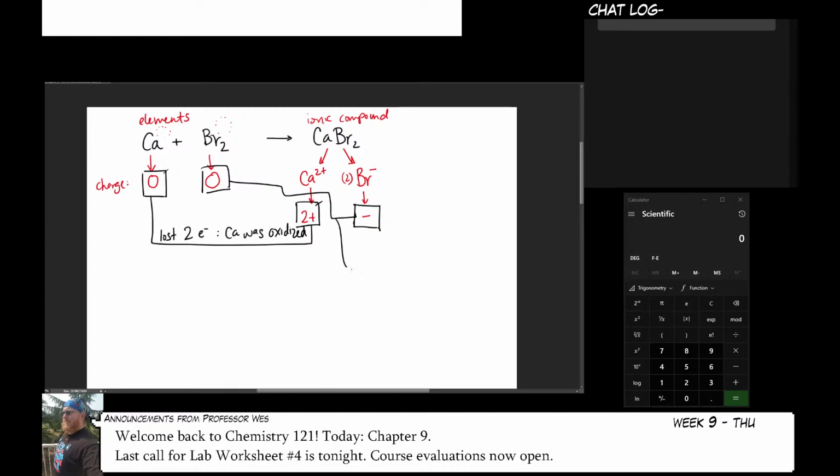What about bromine? It started at charge 0, and it became -1. So each bromine gained an electron, and so we would say that bromine was reduced. We can do this sort of analysis on simple problems to determine whether something has been oxidized or reduced.